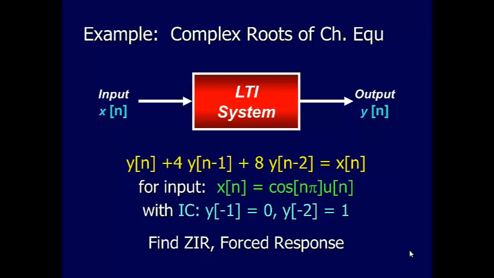Our second initial condition, y of minus 2 equals 1. The problem is given. We plug that in here and get 2 square root of 2 raised to the minus 2 power times K1 cosine of the angle, minus 3 pi over 2 now, I think, because n is minus 2.